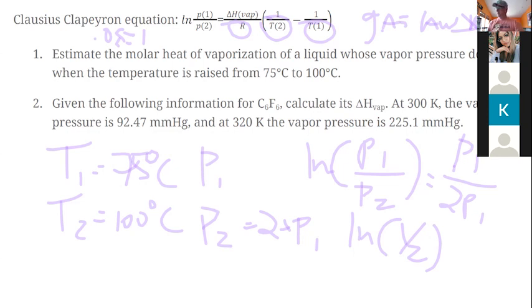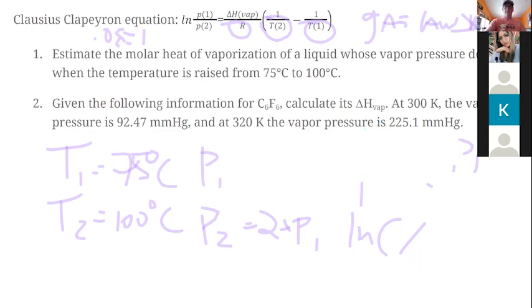So does anyone know what the value of R is in this particular situation? Because it's going to be relating joules, moles, and temperature. So there's no atmospheres here.